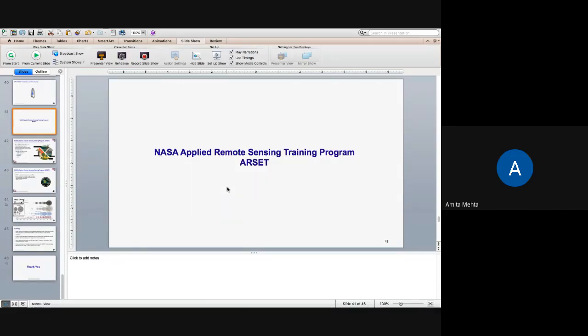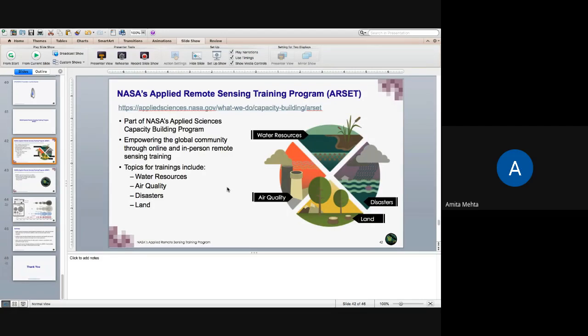And the website shown here is the ARSET website. So the goal here is to empower the global community in using this open source data. So far, ARSET provides training in these 4 areas: water resources, air quality, disasters, and land management.